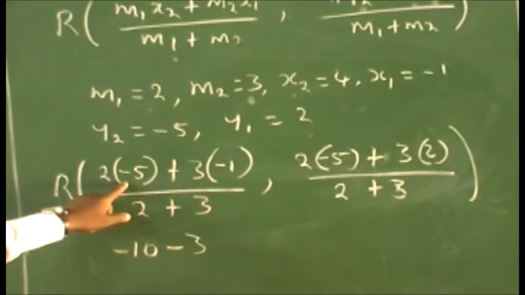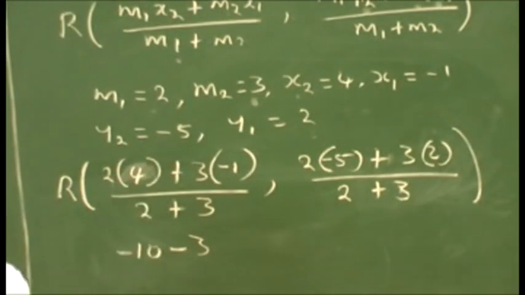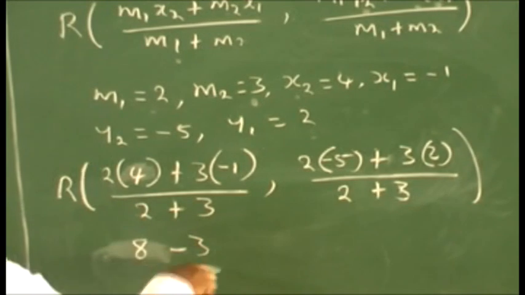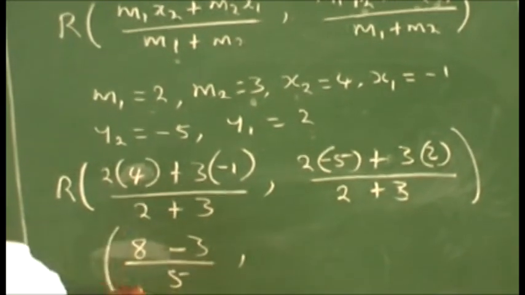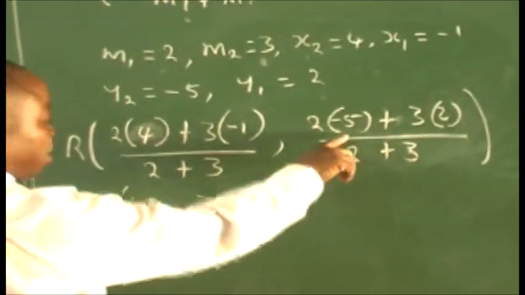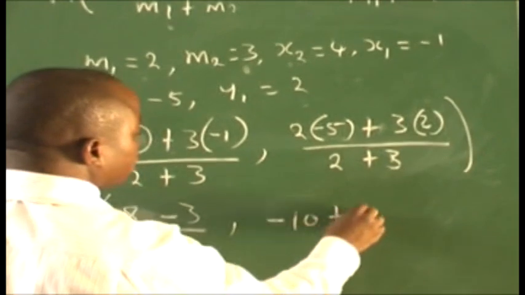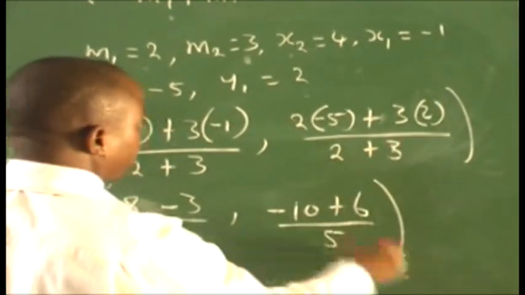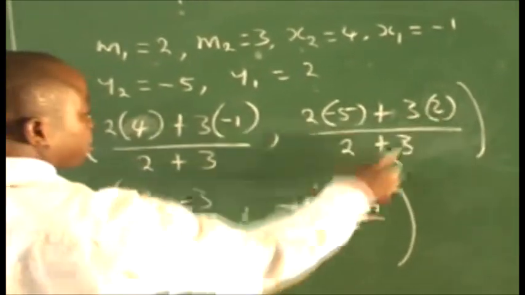Oh, this is Y2. Sorry. For Y1, 2 times 4 gives us 8. We have 8 here, minus 3, all over 5. Therefore here we have minus 10 plus 6 all over 5. 2 times minus 5 will give you minus 10, then 3 times 2 will give you 6.